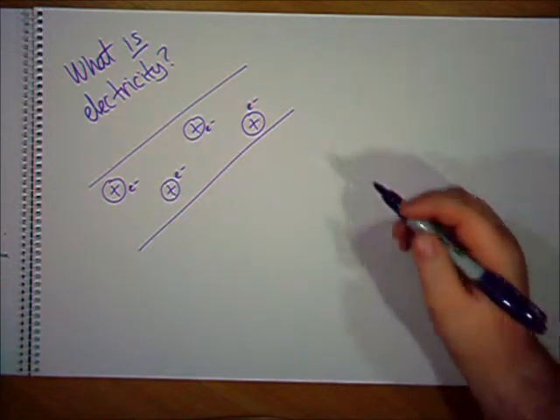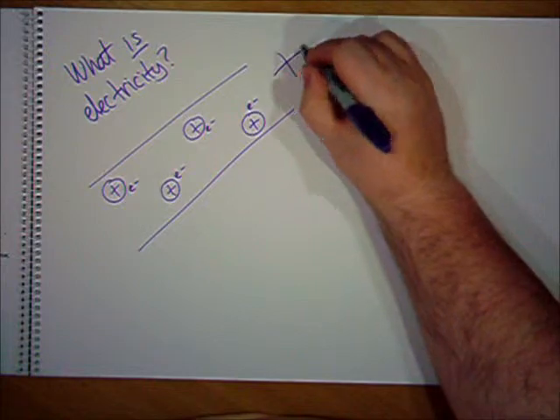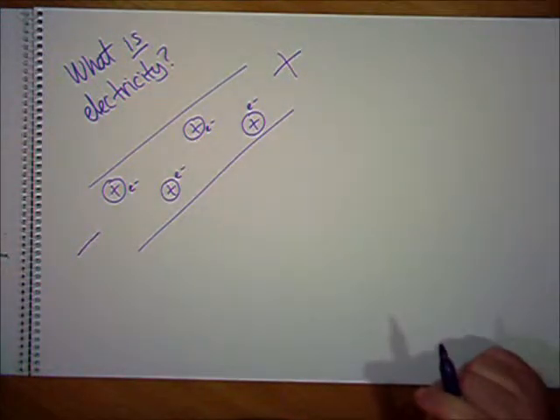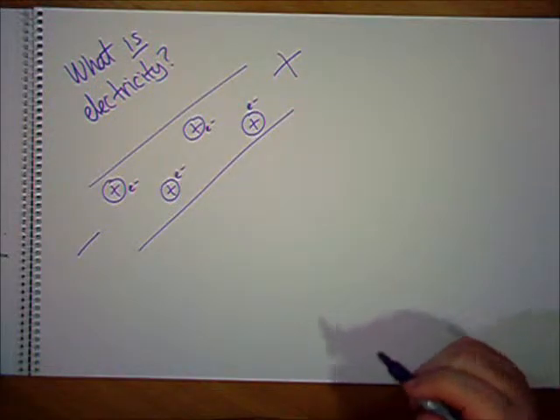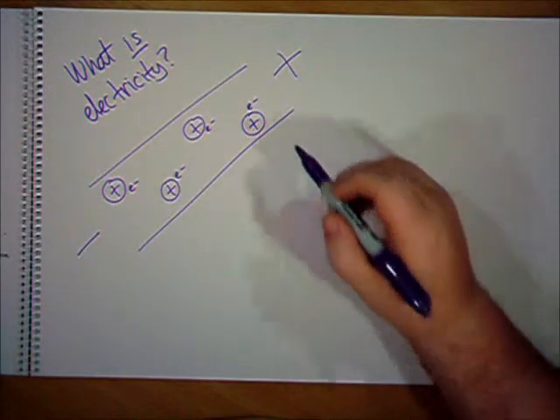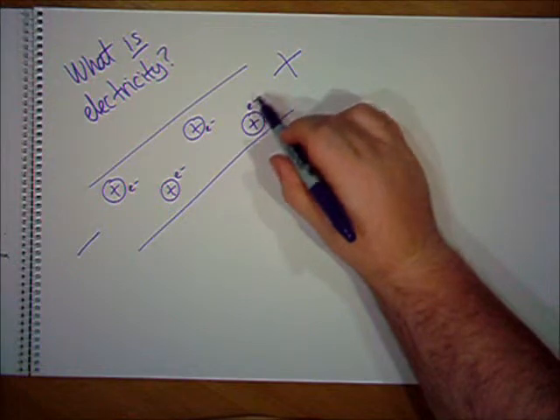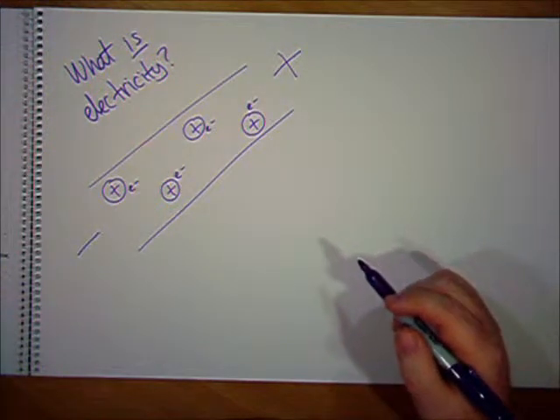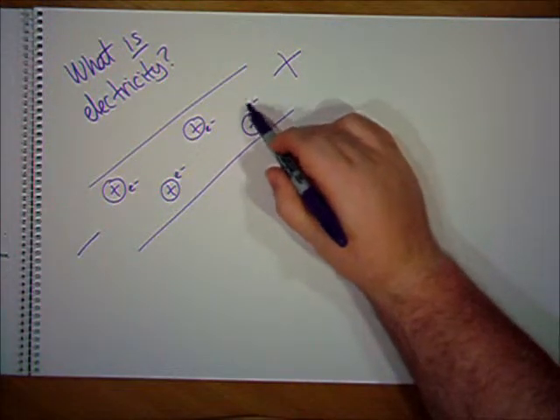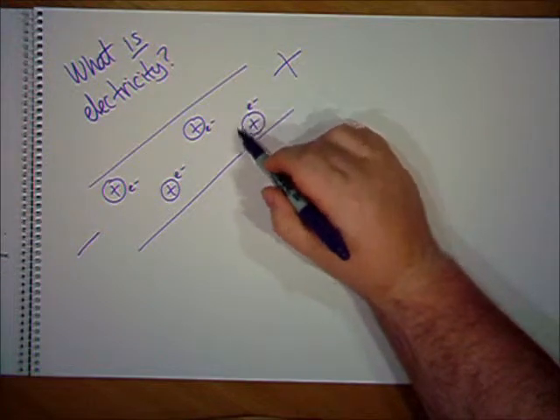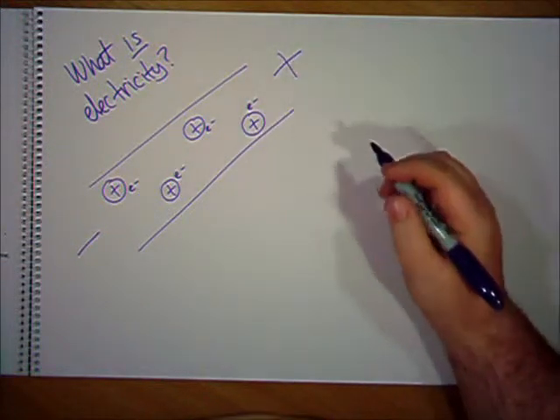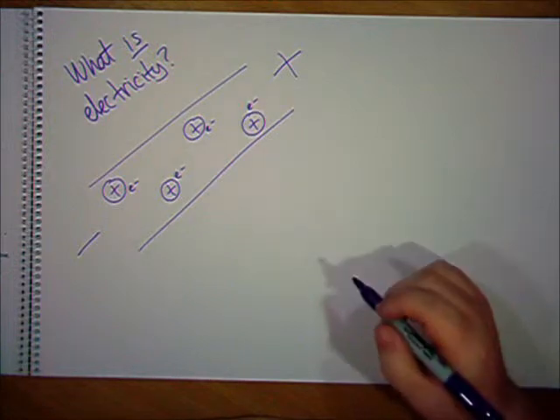So if we come along and we put a huge big potential difference across there, in other words, we apply voltage, well, we know what opposite charges do. Those opposite charges will attract. Those electrons get attracted away from those positive ions because this is a much bigger positive charge than this one.